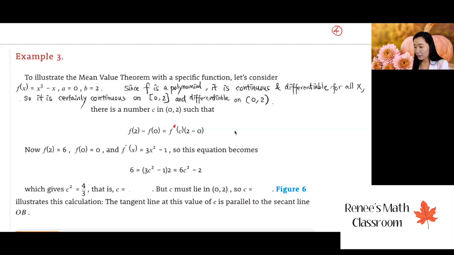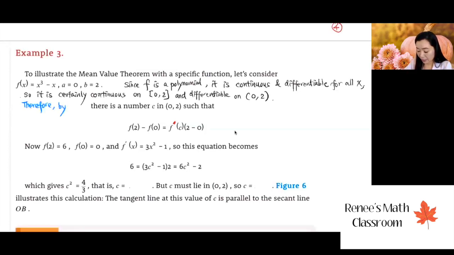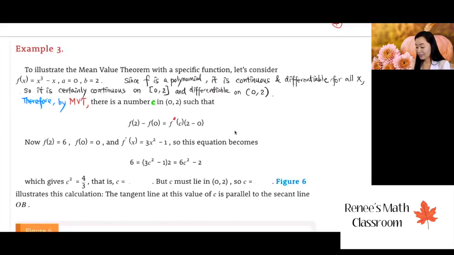Therefore, by the mean value theorem, let's call it MVT, there is a number c. I usually color code that c in green. c in this open interval such that f(b) minus f(a) equal to f prime of c times (b minus a), right?